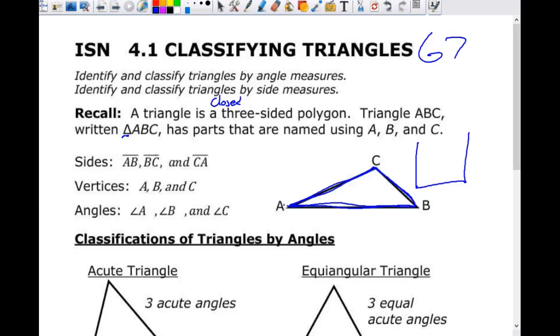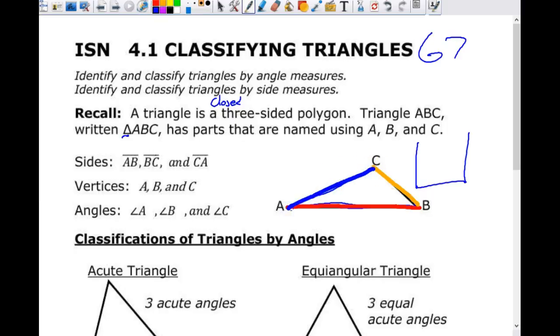So we have side AB, starting at A. We have side BC, and we have side CA. So those are the three sides.